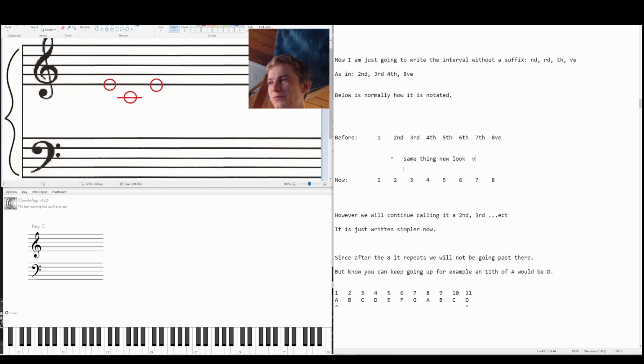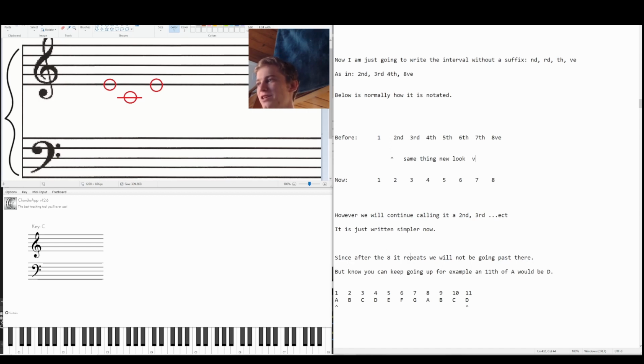Well, we have a new look but it's the same thing. So we're still going to call it a unison, 2nd, 3rd, 4th, 5th, 6th, 7th, and our octave. Okay? But now it's just written simpler.